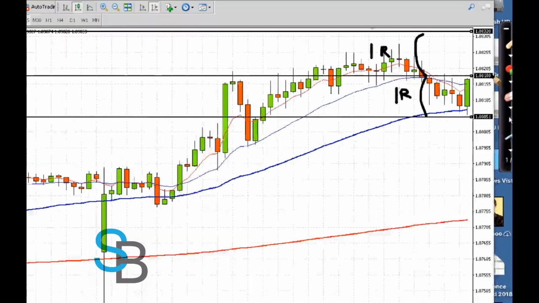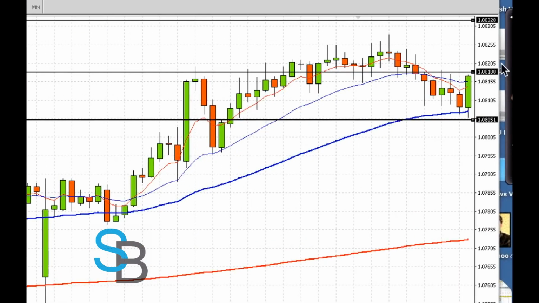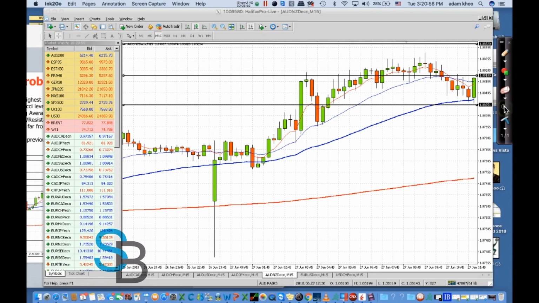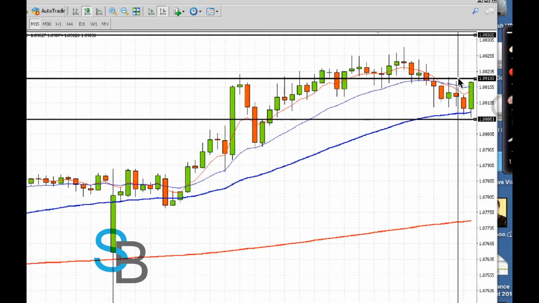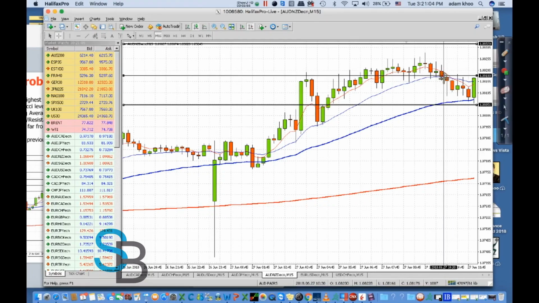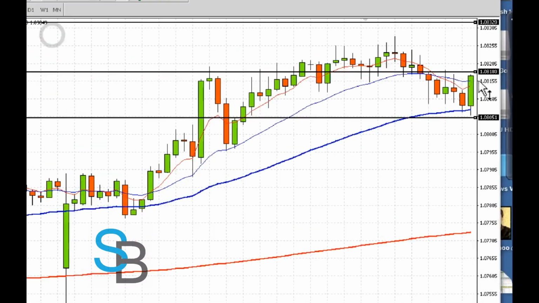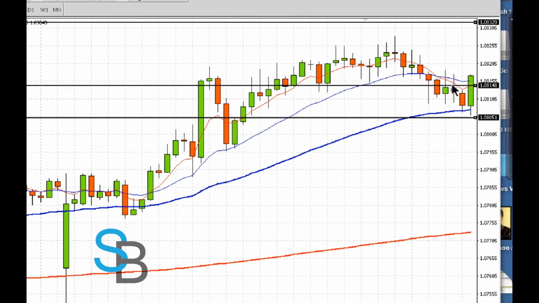I'm not going to enter at 0818. In instances like this, what I do is I will place my buy order slightly lower. Now, how much lower?